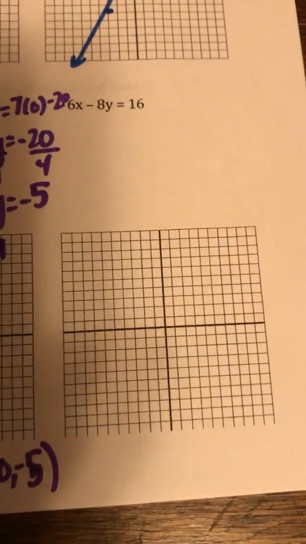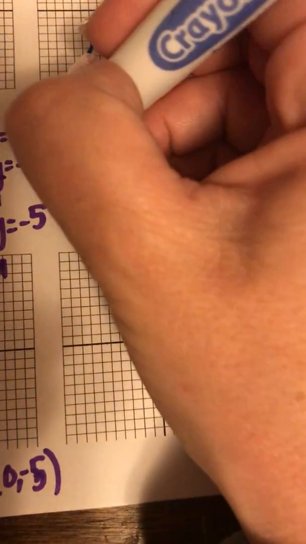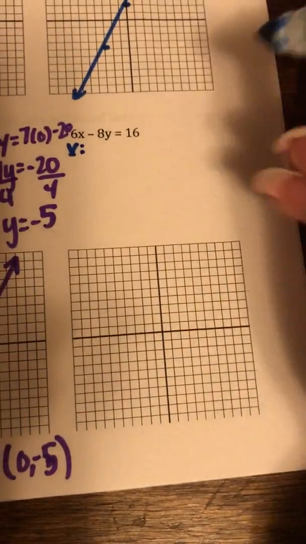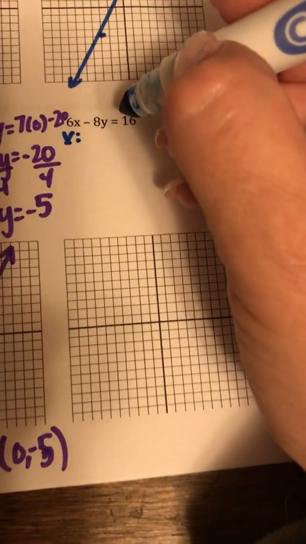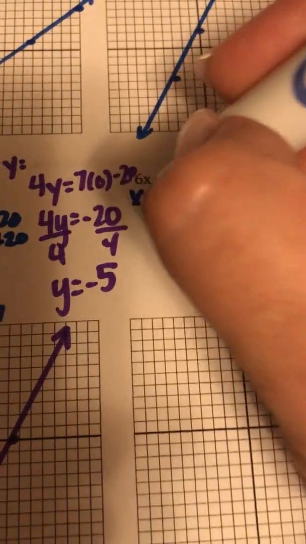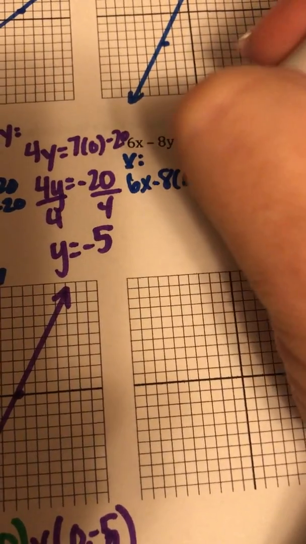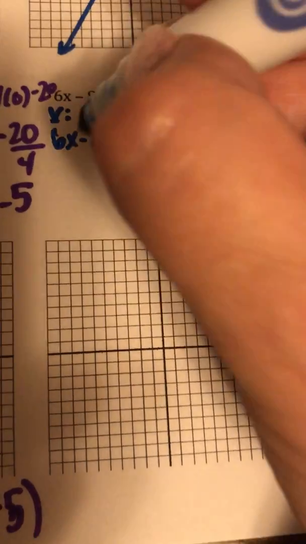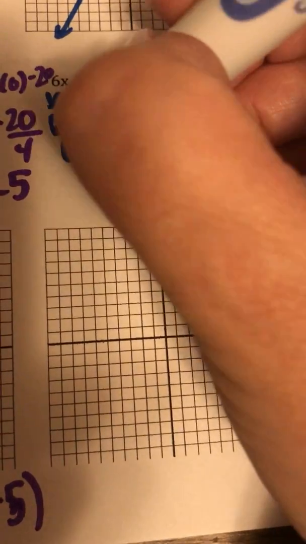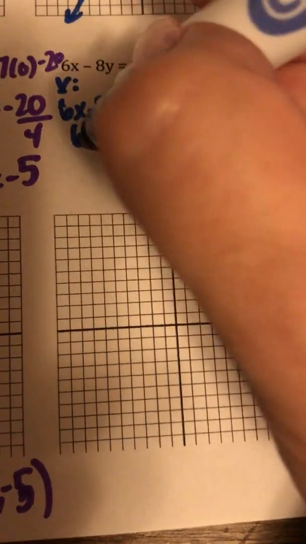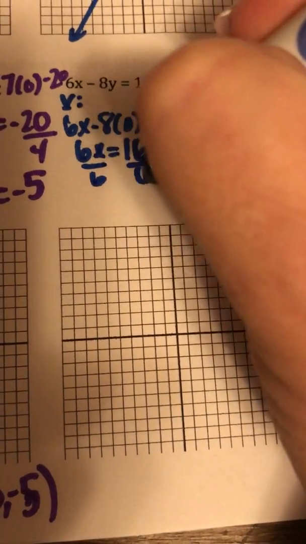Okay, welcome back. So we're going to find x, and then we're going to find y. Now remember, when we find x, we're going to set y equal to 0. So we have 6x minus 8 times 0 equals 16. 8 times 0 is 0, so we have 6x equals 16. Divide by 6.